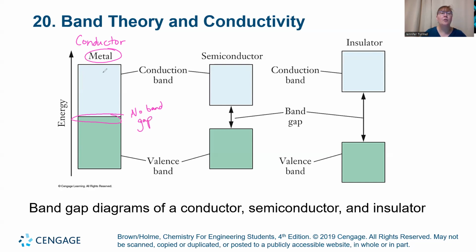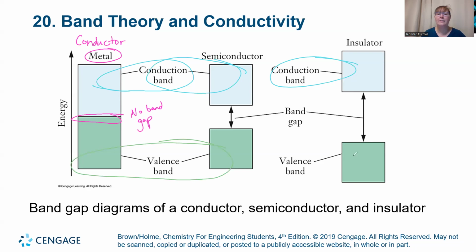Up here at the top in each one of these, this blue at the top is your conduction band. And this green at the bottom is your valence band, remember? Because there's basically no band gap here, electrons can move pretty easily back and forth.